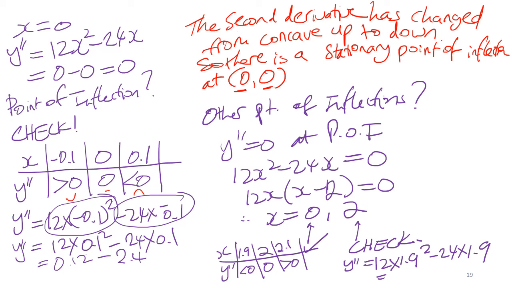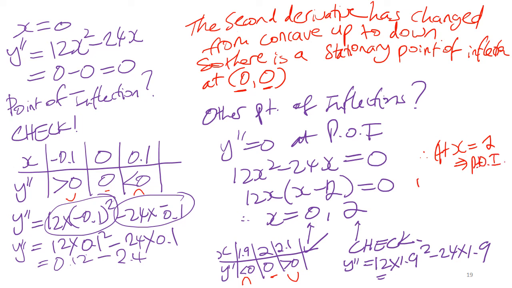This check shows that it is in fact a point of inflection, because we are going from concave down to concave up. So at x equals 2, it is a point of inflection.